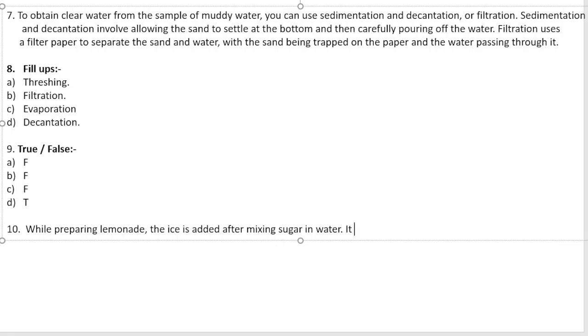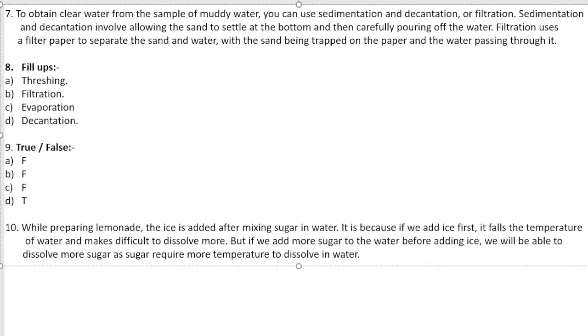It is because if we add ice first, it falls the... ठीक है.